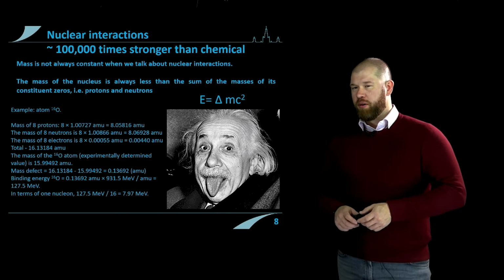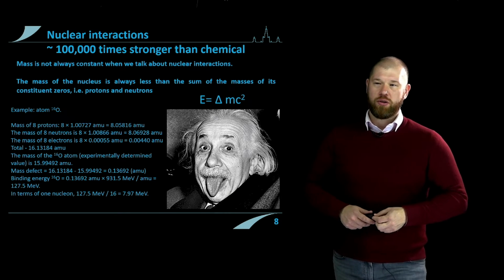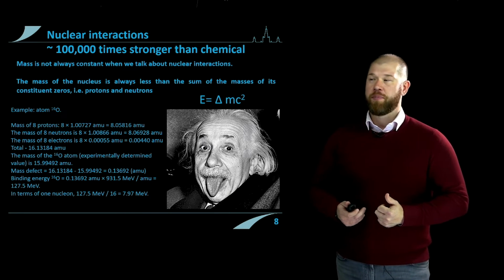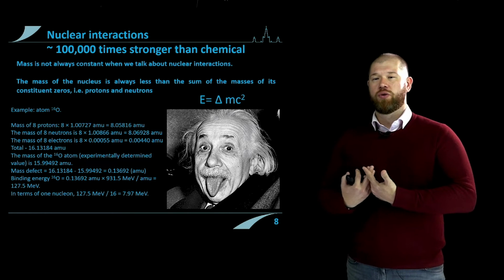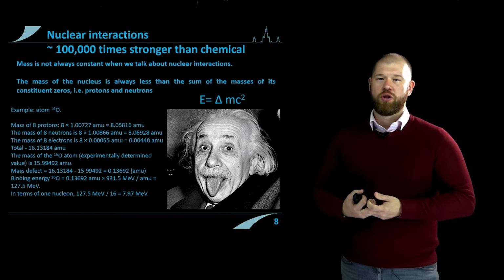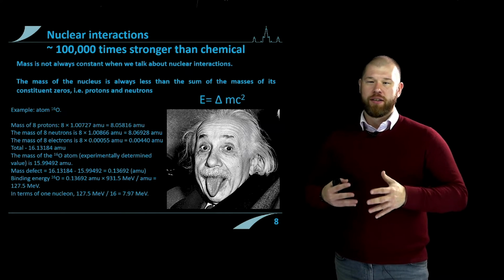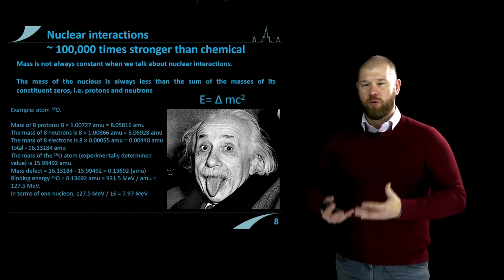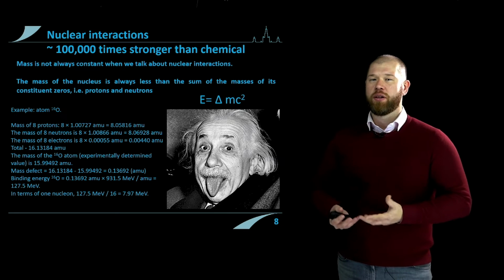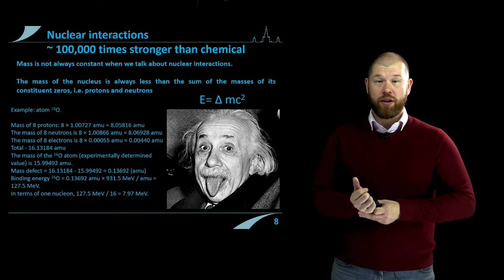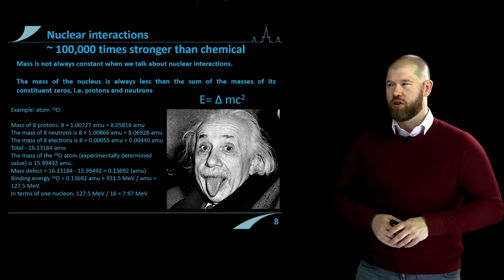In principle, there is not only electrostatic interaction between different particles, but when protons and neutrons come sufficiently close to each other, then there is another force called the nuclear interaction force that is much stronger than any electrostatic interaction.